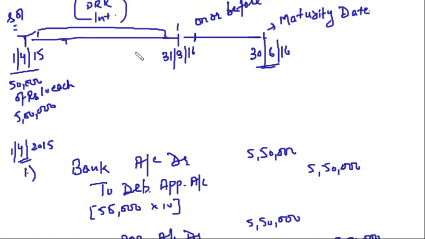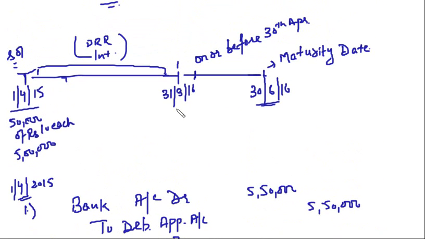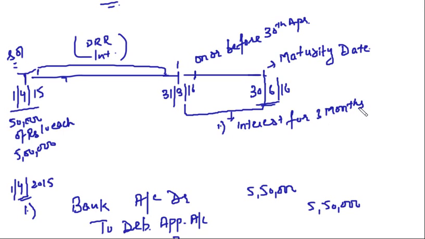Now, what will be the transactions during this period? Number one will be interest for 3 months. Isn't it? You will pay the interest for 3 months. Then will be encashment.